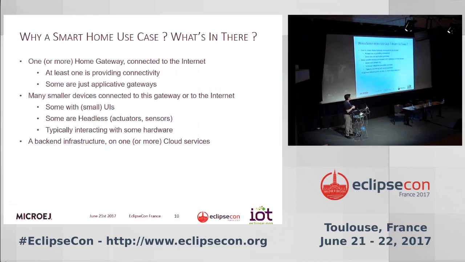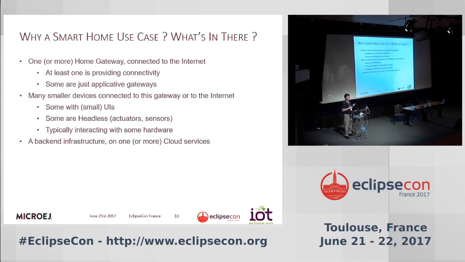So I've decided to go for a smart home use case. Why? Because of what's in a smart home use case. Typically there is one or more gateways. At least one of them is connected to the internet and providing us access to the network and to the cloud. And some other gateways may just be applicative gateways.